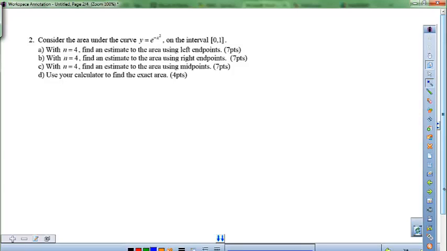Question number 2 is asking us to find the area under the curve. For all these problems, it looks like we're dealing with an interval between 0 and 1, and n is going to be equal to 4 both times, so that's nice for us because we can just find these points over here, and then we have labels and we have the actual partition.